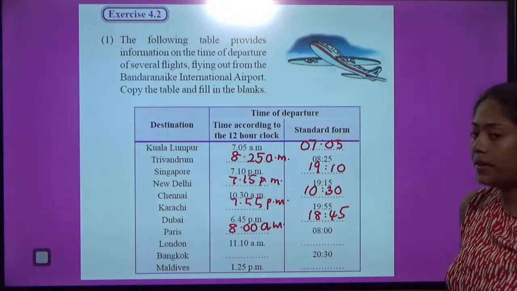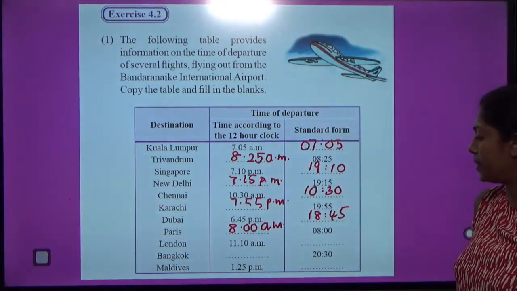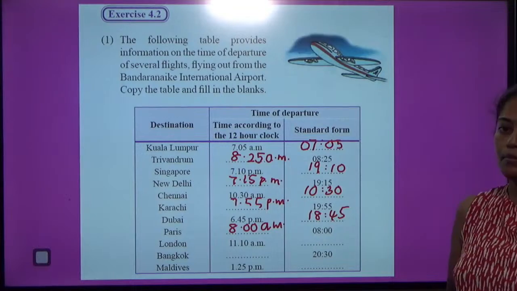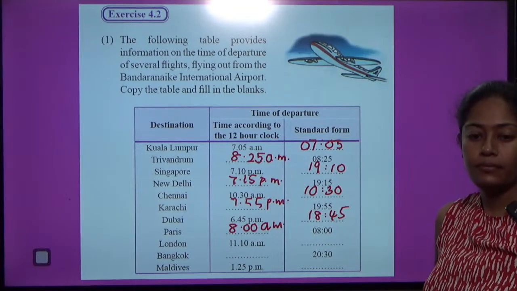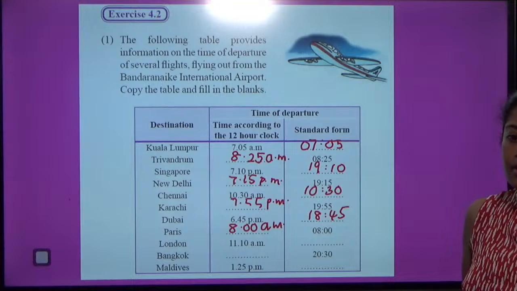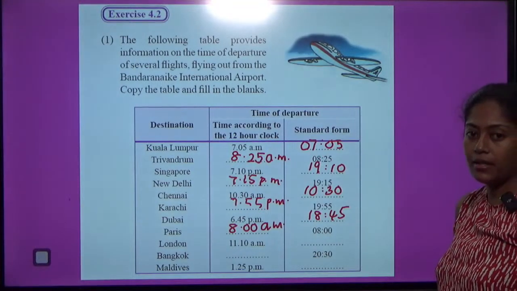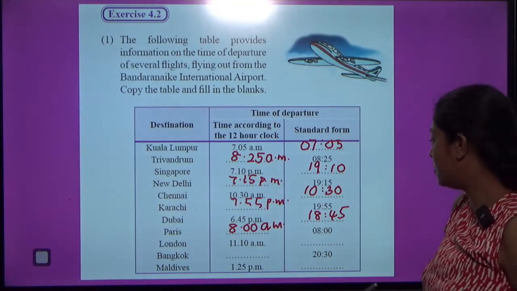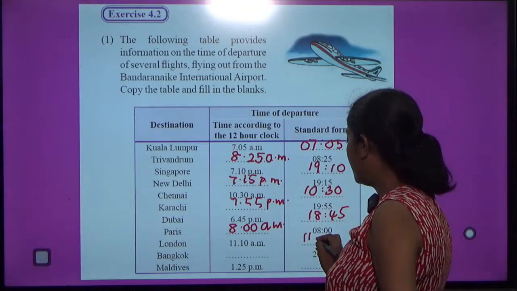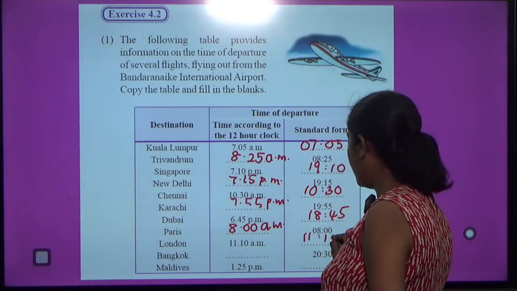Next one 11:10 AM. What's the time then? In standard form, what's the time then? AM means just write the same value. Then 11 double dot 10.